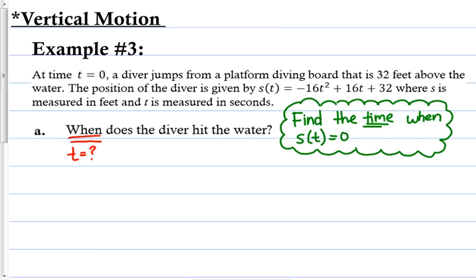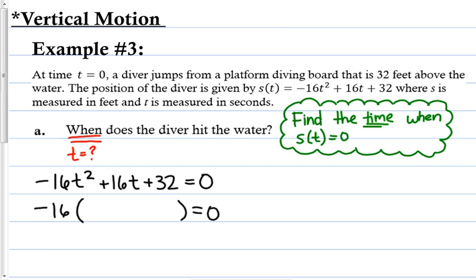So we're going to take our function and set it to 0. I'm going to write that down. Now my job is to figure out what t is. This is a quadratic equation, so the best thing to do when we set it equal to 0 is to factor. These numbers all have a greatest common factor of 16, and I can also get rid of the negative in the front, so I'm going to pull out a negative 16.